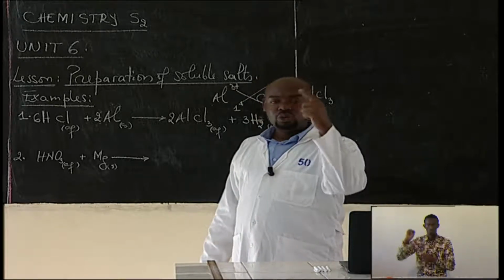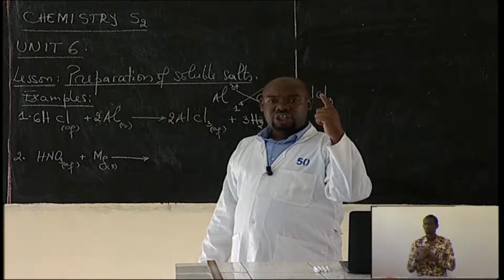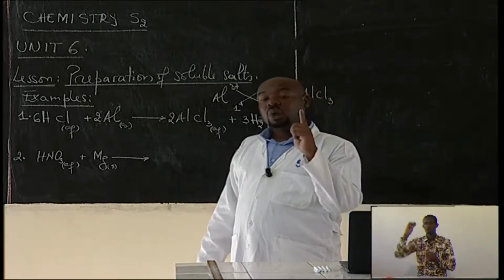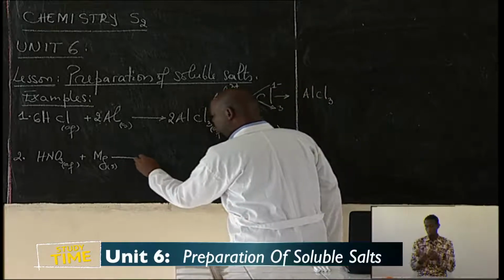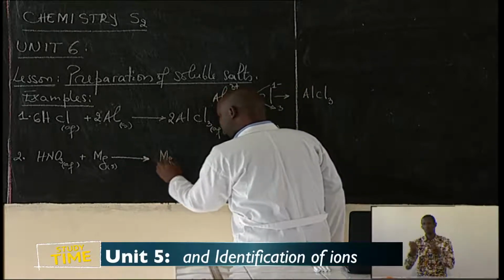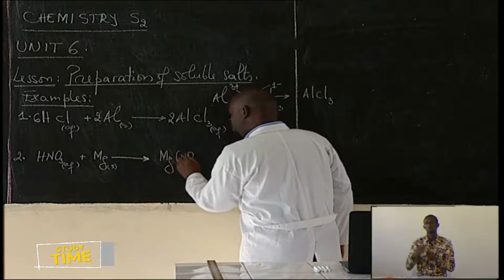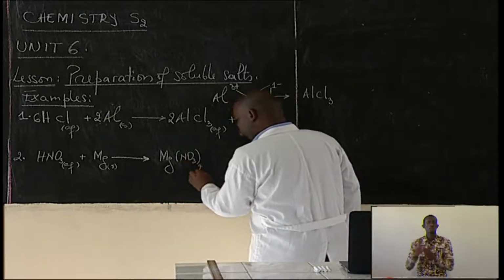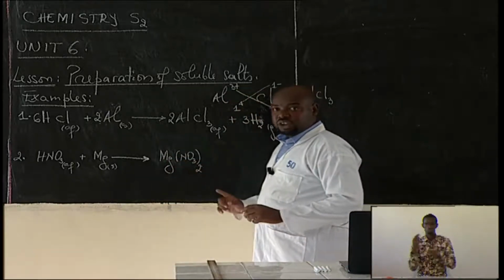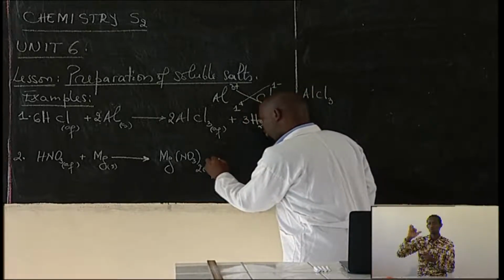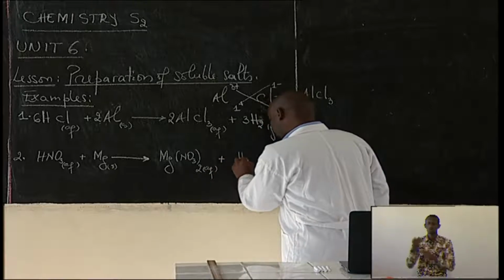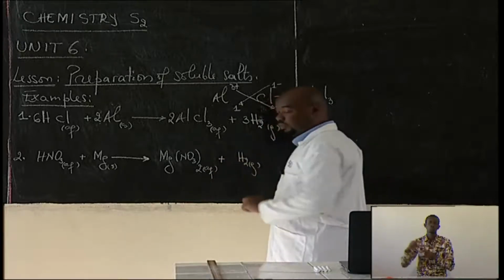Magnesium has 2 as the charge, and the nitrate ion has negative 1. So if we cross, we get what? We get magnesium Mg(NO3)2, the substance which is also soluble, so it will be in aqueous state, and we add hydrogen gas.